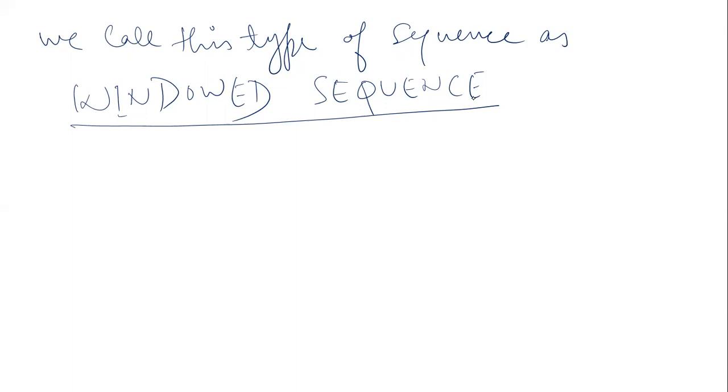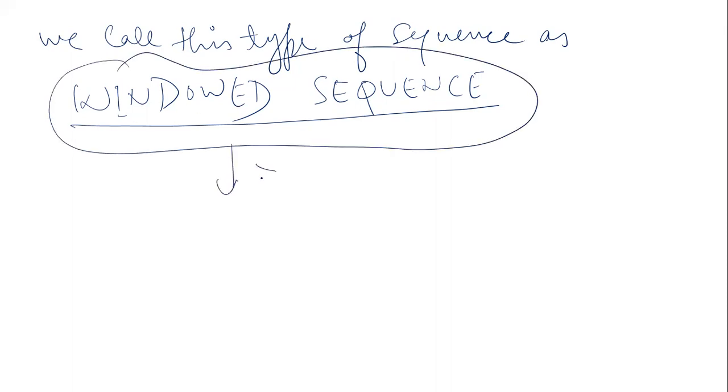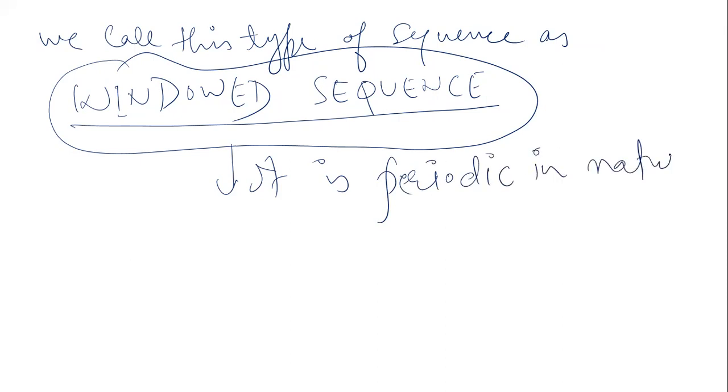Okay, now the nature of this windowed sequence is that it is periodic in nature. That also we can discuss, how it is periodic. So this is what DFT is basically.